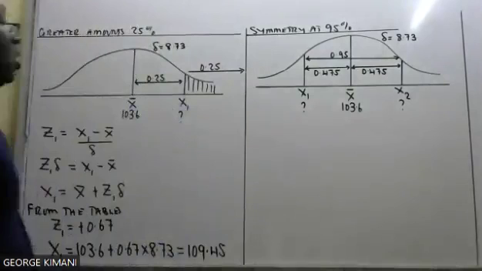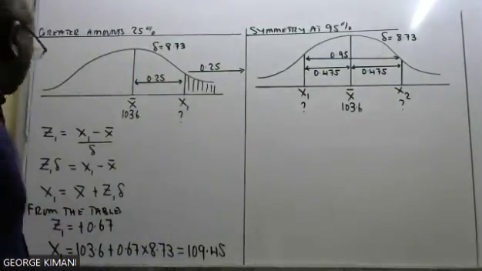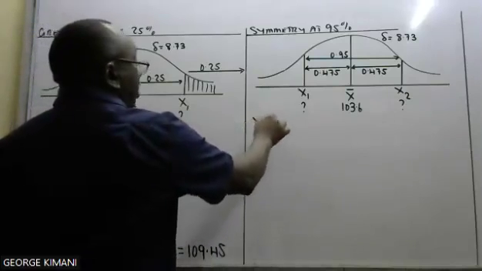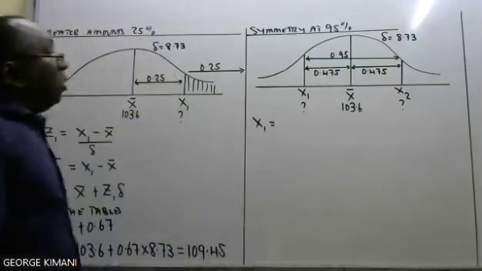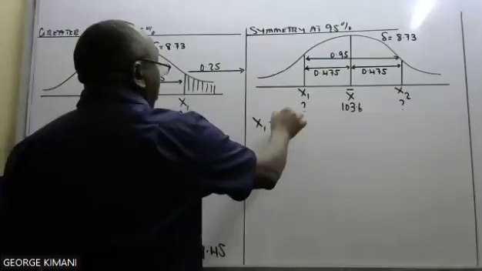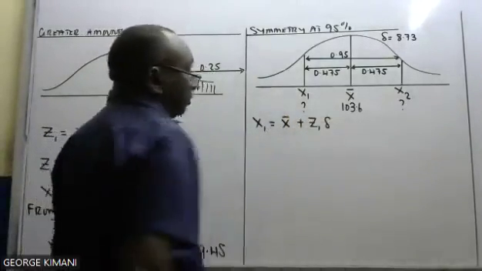So the argument goes like this one, that X1 will be X bar plus Z1 standard deviation.